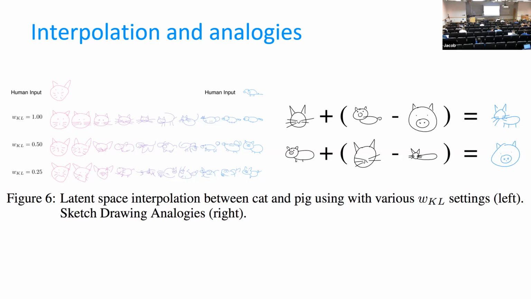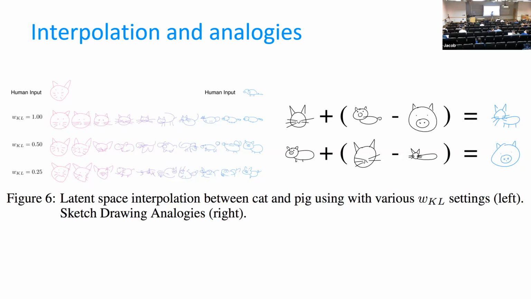What they found is that when you do that, you can actually add those representation vectors together. They trained this sketch network on lots of different classes, and then they tried doing arithmetic with these representation vectors. Here we have a cat face plus a whole pig minus pig head, and you end up with a cat head on a body.